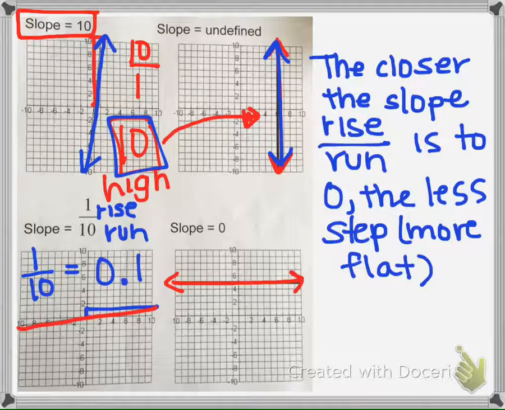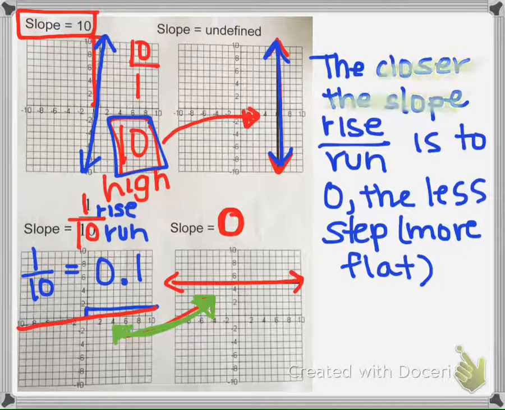And the horizontal line has a slope of 0. And 1/10 is very close to 0. So these lines here resemble each other. They're closer to looking like each other because they're small slopes. So the closer the slope is to 0, the less steep it is. It's more flat.